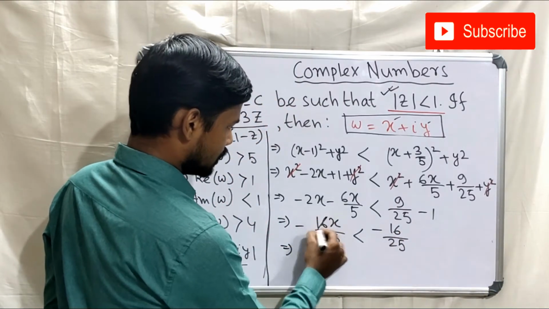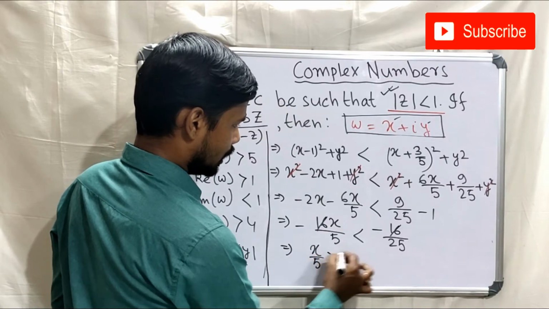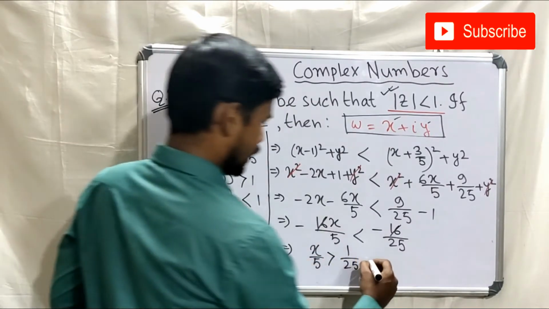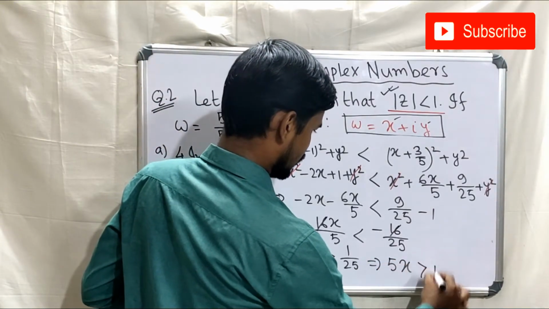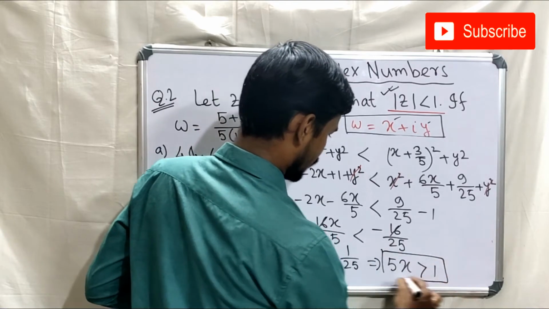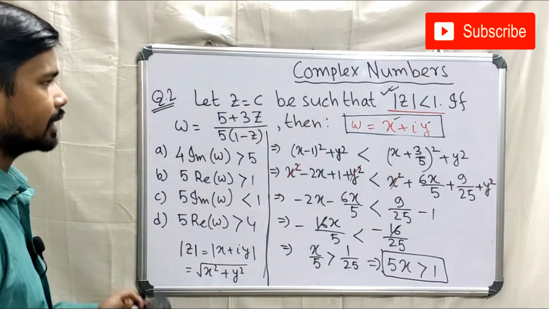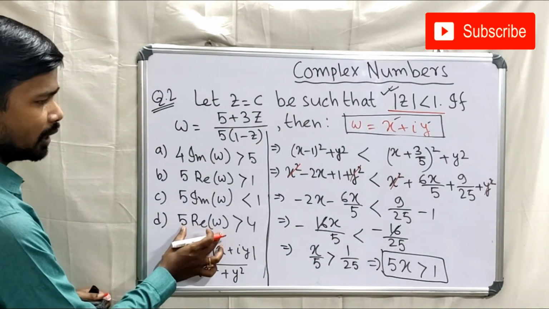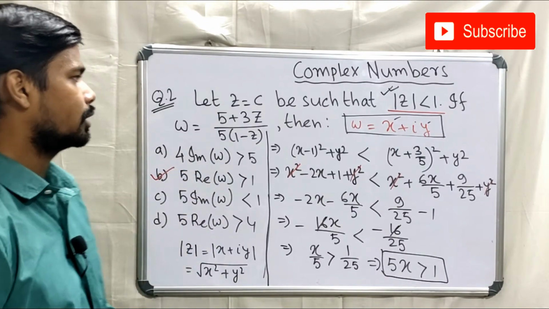Cancelling out 16 from both sides, we have x by 5 greater than 1 by 25. So we have 5x is greater than 1 as the final answer. Obviously x is the real part of omega, so the real part of omega is greater than 1, so option B is correct for this question.